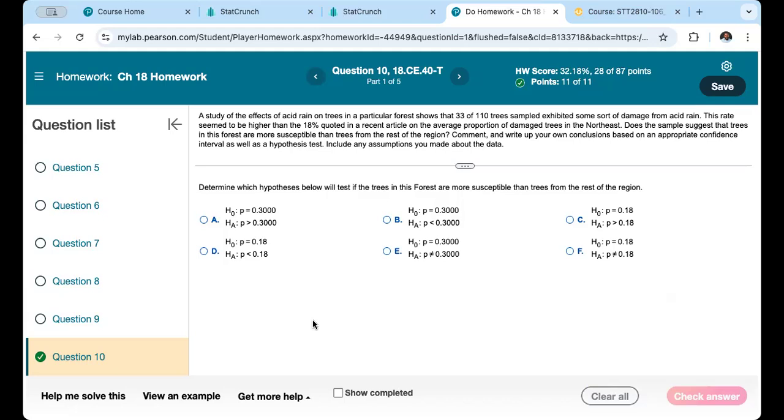Okay. He thinks it's C. Anybody else? Okay, I have a question. What makes you think it's C? Because it's saying that the rate in your question seemed to be higher than the 18% voted in.